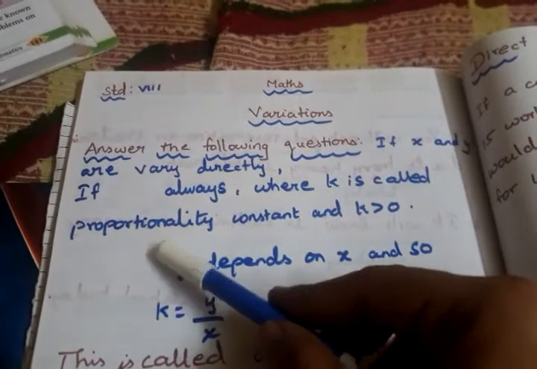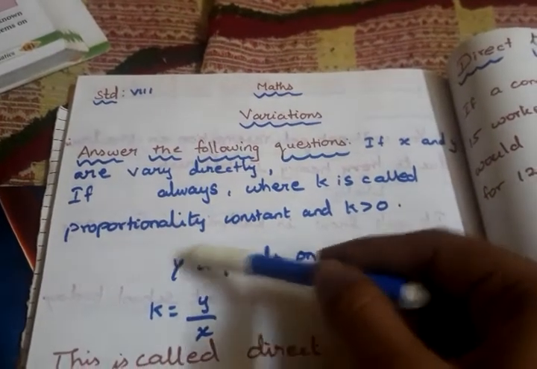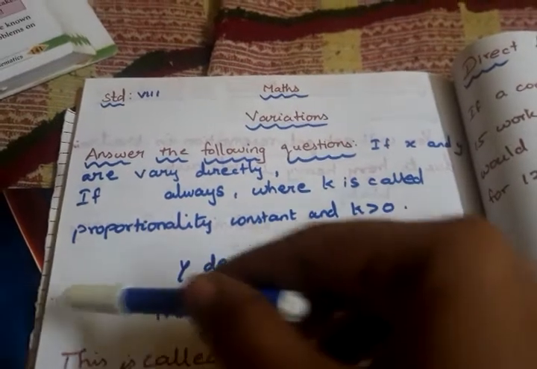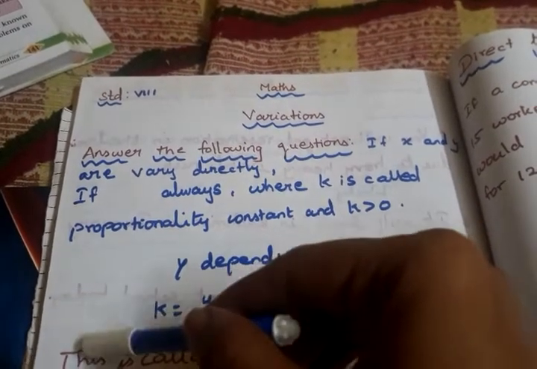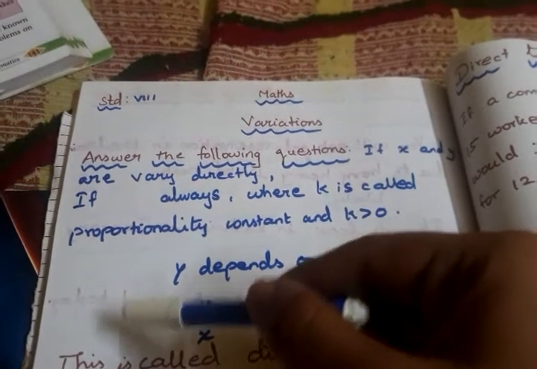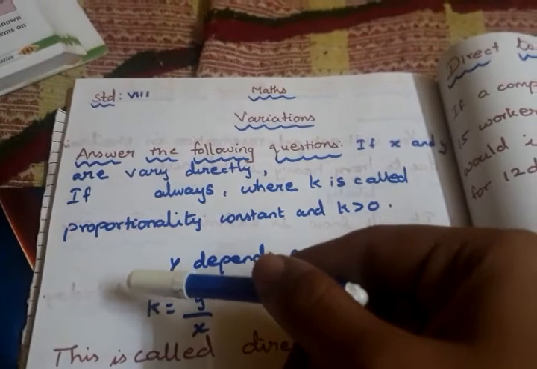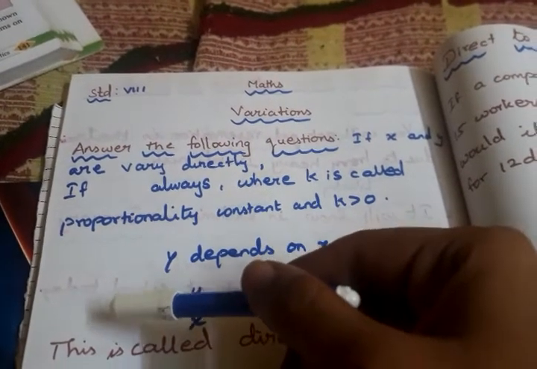So if one quantity increases or decreases and the other also changes, then they are said to be in direct proportion, or to vary directly.